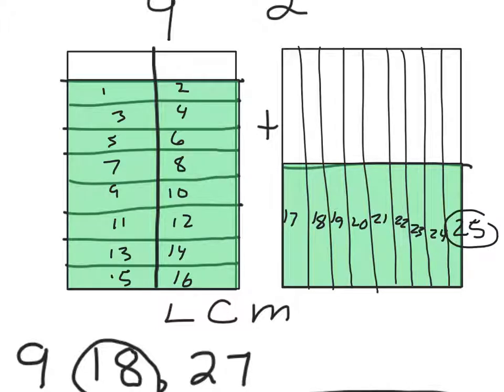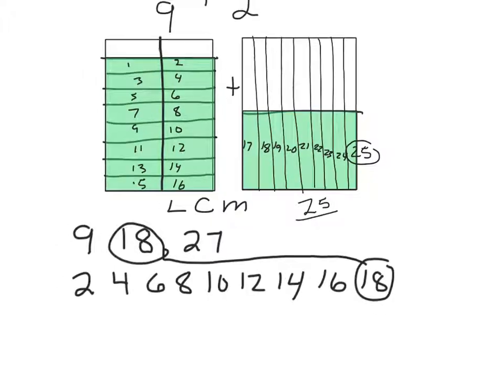I got 25. So I got 25 out of, and remember, we cut these into 18ths, right? So I got 25 out of 18, which is our answer, right?